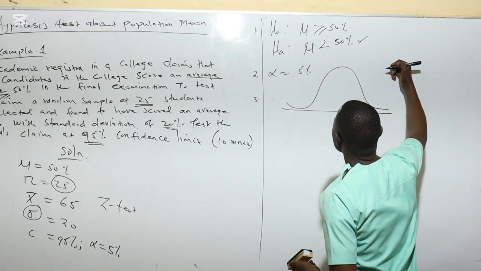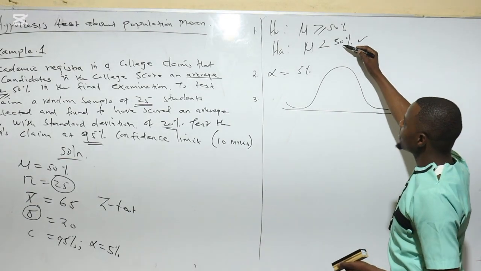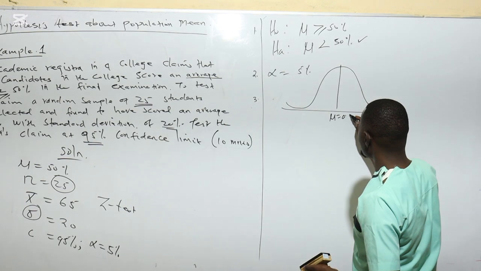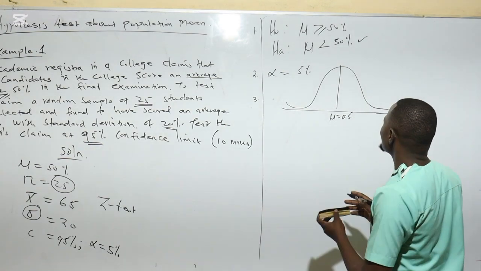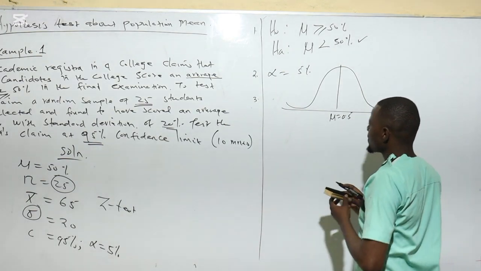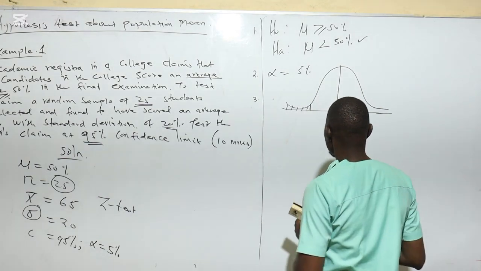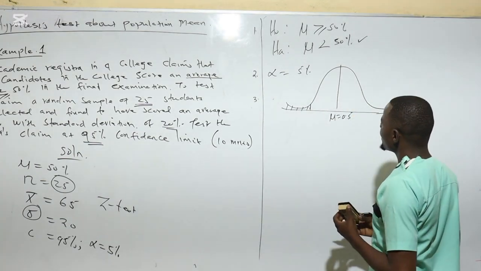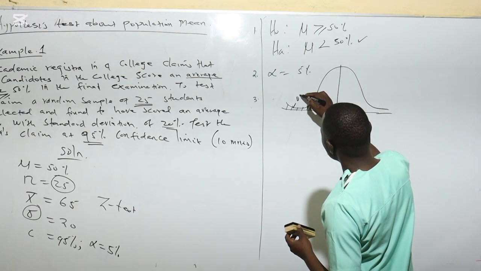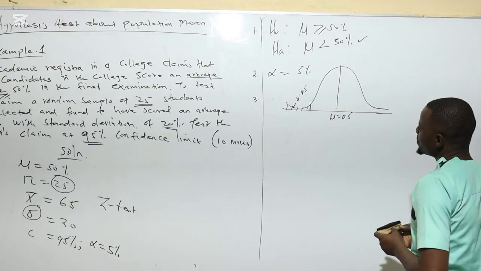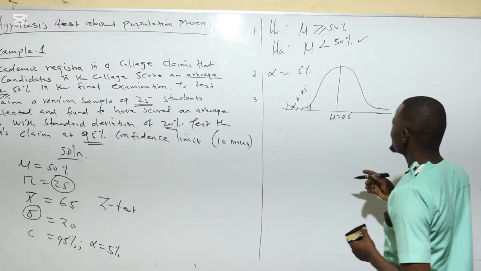So critical values. Remember, I said look at the HA less than 50. So if here is where you have the 50% or 0.5, values that are less than 0.5 will be onto your left. So I'm performing a one tail test to the left. So this value is 0.05, the alpha value.